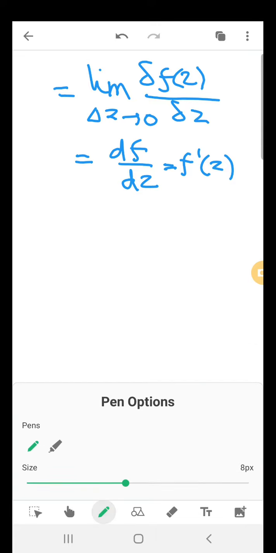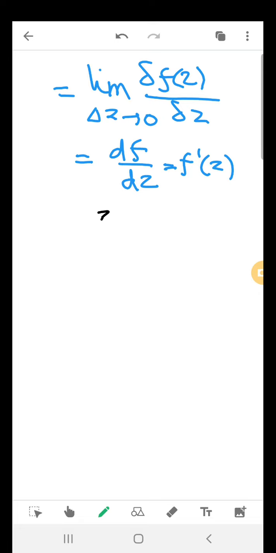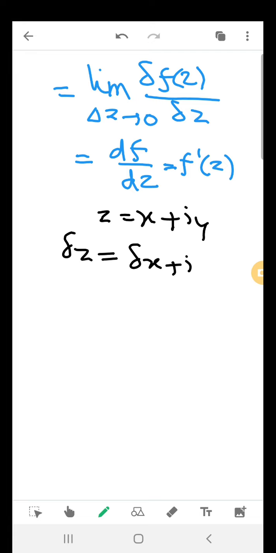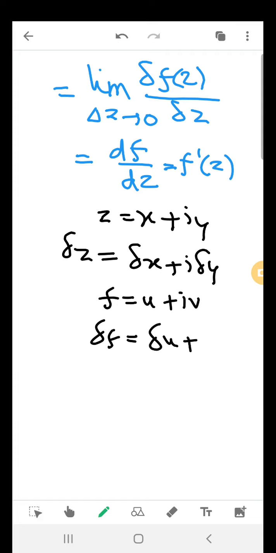Now z again is equal to x plus iy, so delta z will be delta x plus i delta y, and f, as we know, is equal to u plus iv, so delta f is equal to delta u plus i delta v.